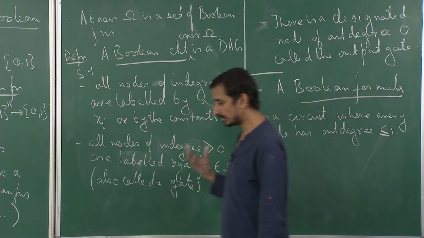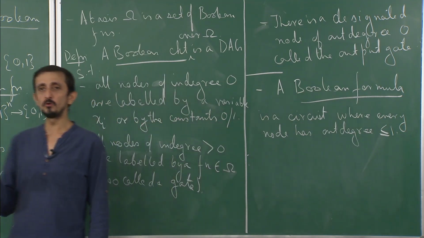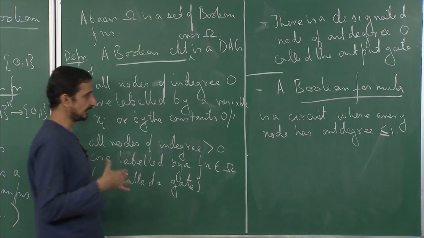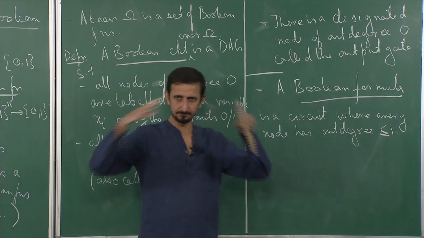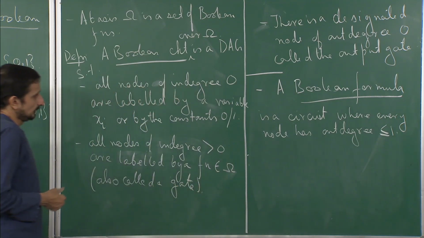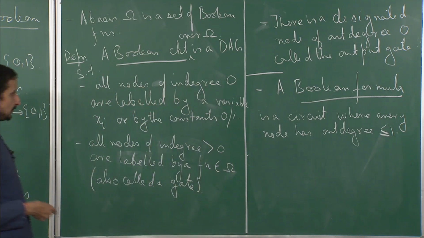Okay, in other words, basically only the output node has out degree 0. Other than that, every node has out degree exactly 1. Okay, so it has a tree like structure. Okay. So that is what a Boolean formula is.